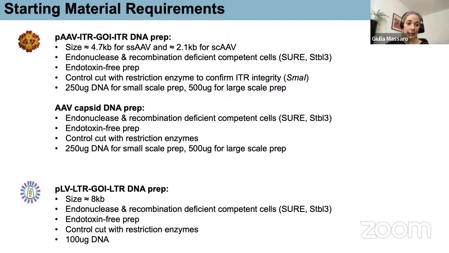For the gene of interest plasmid, the genome size needs to be checked. These plasmids need to be produced in endonuclease and recombinase deficient cells, prepped with endotoxin-free kits, and checked, possibly sequenced. I also ask for a restriction digest with the SmaI enzyme to check the ITR integrity. And these are the amounts of DNA that I ask to bring over for a prep.